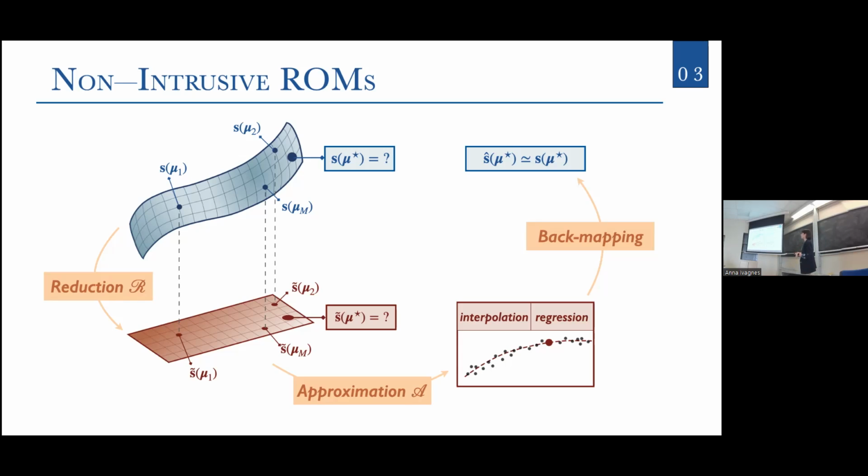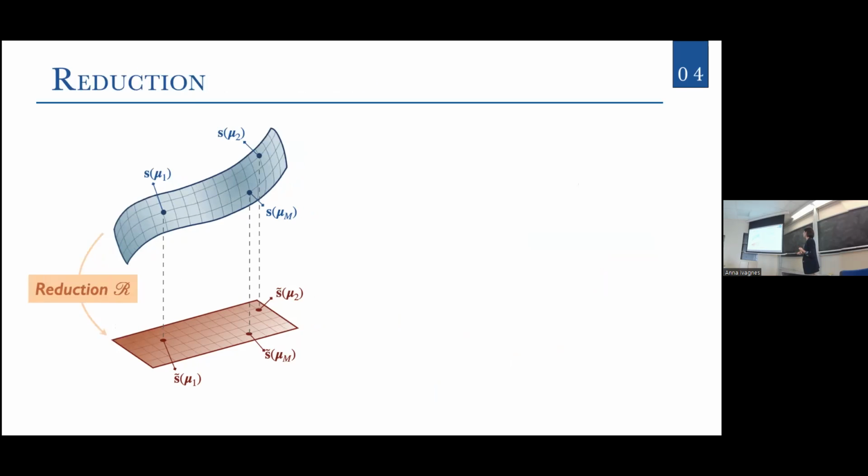With this second step, an approximation step, this calligraphic A. You can use an interpolation or a regression technique, for example, and then you backmap your solution into the initial full dimensionality. And so you have your approximation S hat, which of course should be close to the ground truth, say, the exact solution.